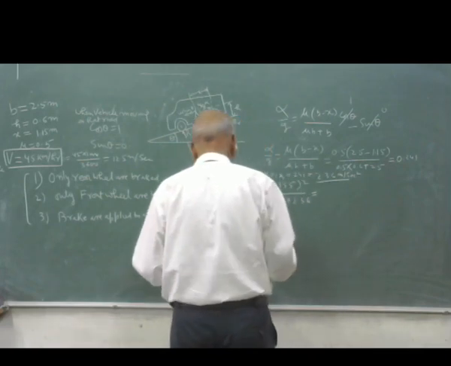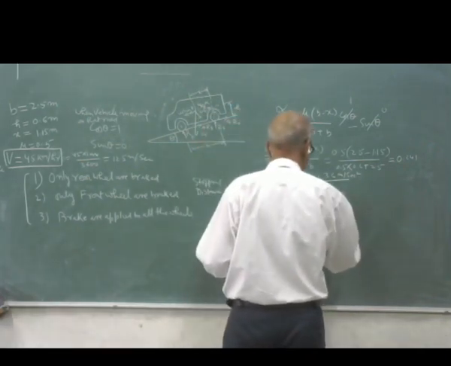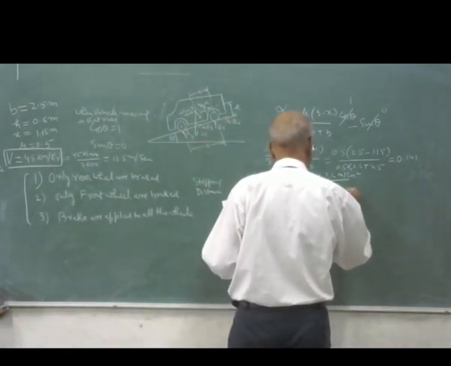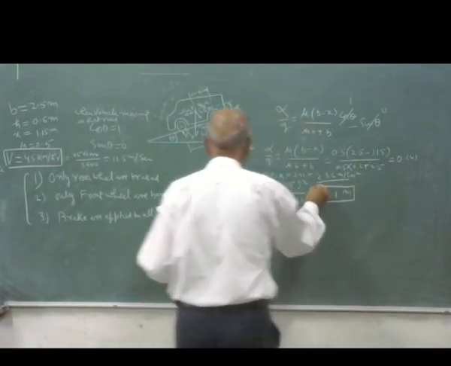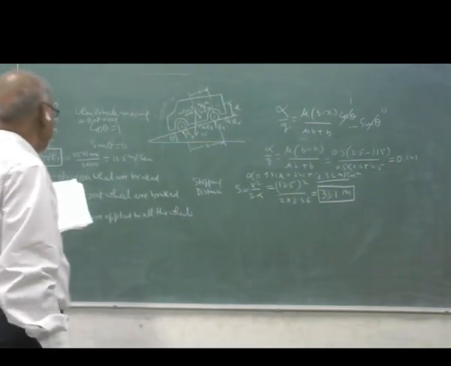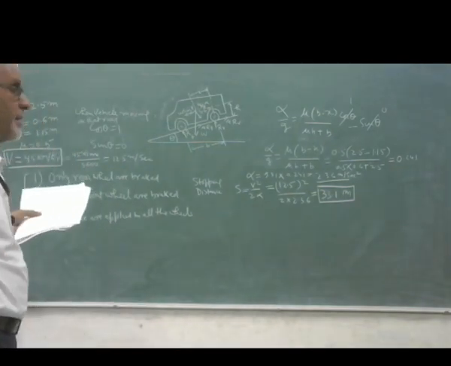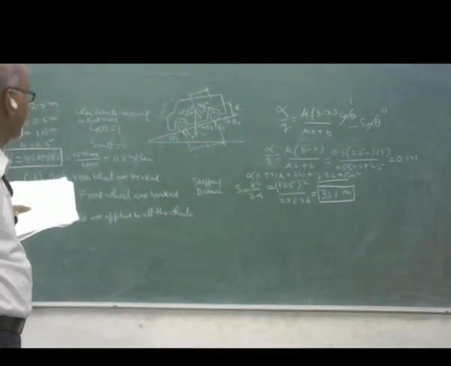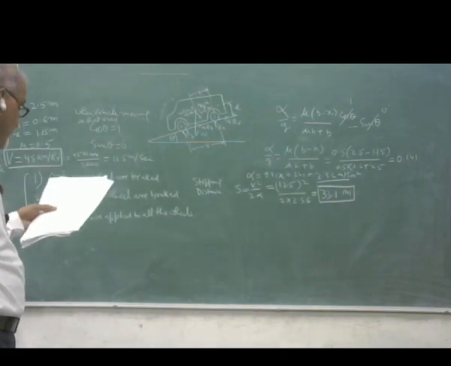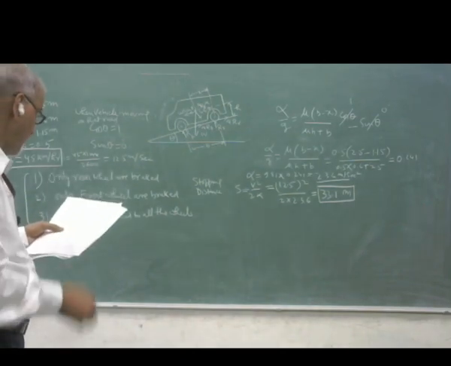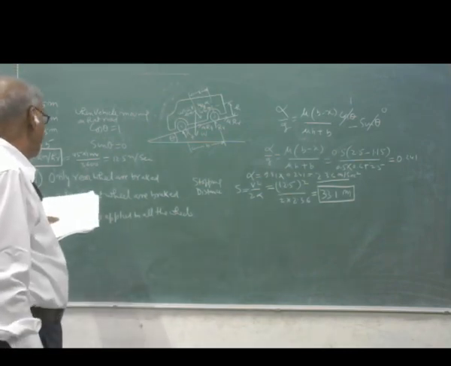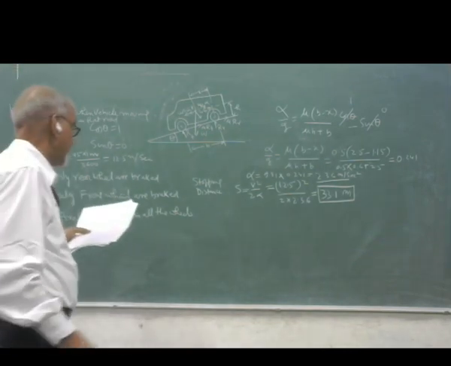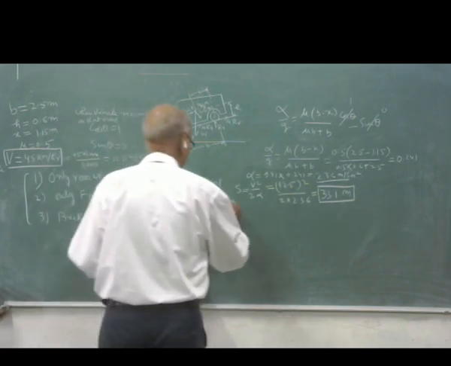After solving this, the value will come 31.1 meter. This is the stopping distance when only rear wheel brakes are applied. Now the second part, only front wheel brakes are applied. In that case also we can solve the equation.